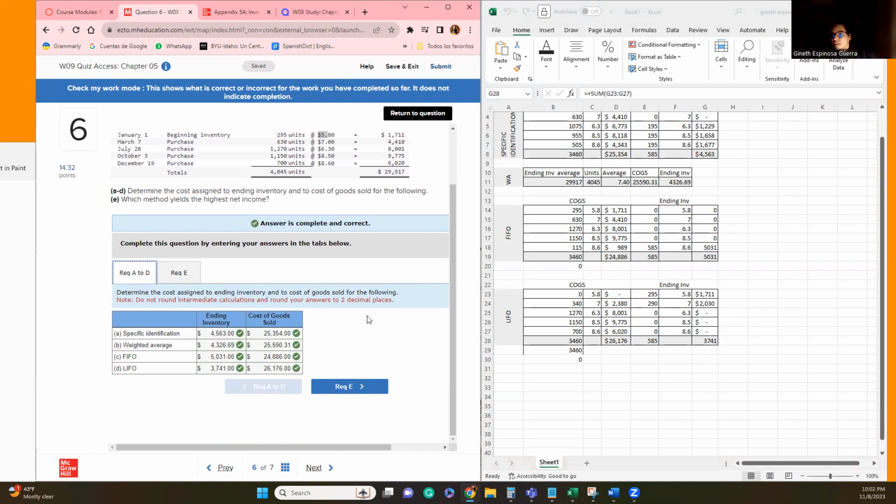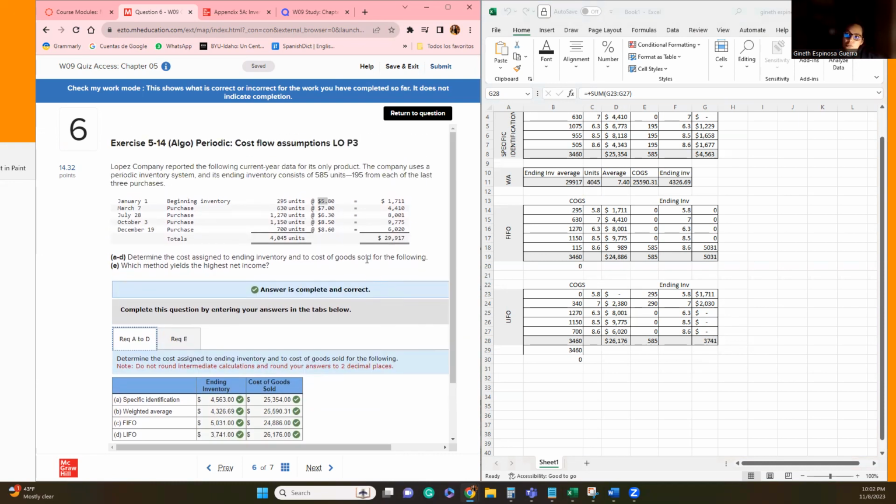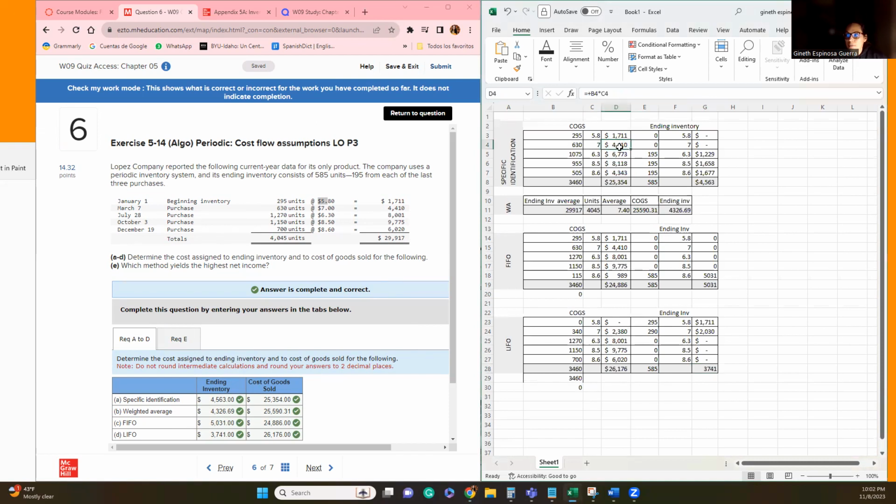Basically that's the exercise. I hope this helped you answer your questions. I know everyone has different numbers, but if we follow this, it will be easy to understand. Some tips: remember, this number should be the same as 4,045 minus the total inventory at the end of the period.